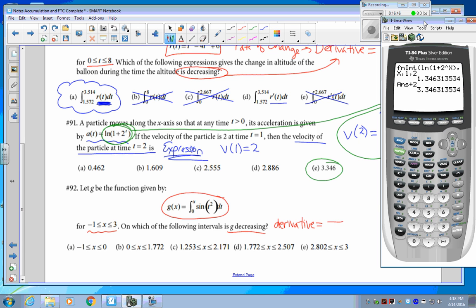Okay, so if g is the antiderivative of sine of t squared, then you should be able to write an expression for the derivative g prime. So please go ahead, and what I'd like you to write down is g prime of x is equal to, fill in the blank. So pause the video here to write down that derivative.